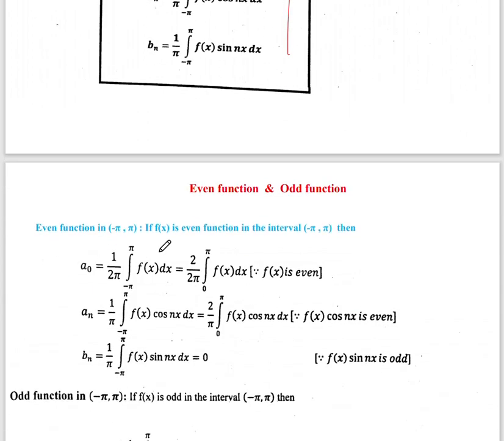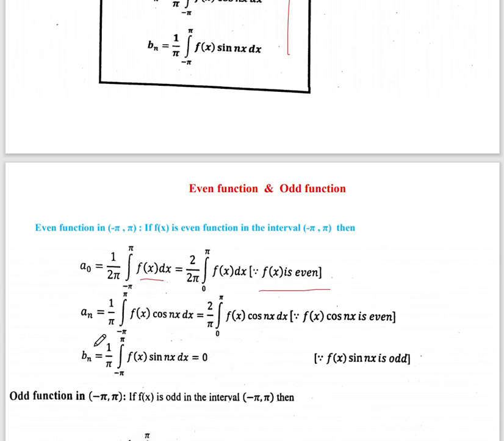Even function for the interval −π to π. If f(x) is an even function in the interval −π to π, then the coefficients become a0 = 1/(2π) integral from −π to π f(x) dx. Here f(x) is an even function, so by using the definition, this interval can be written as 2 times 0 to π. So 1/(2π) is as it is, and the conversion gives 2 times the integral 0 to π f(x) dx, because f(x) is an even function.